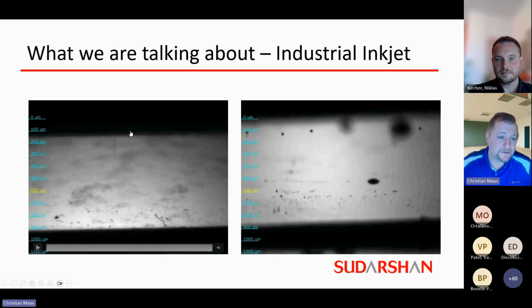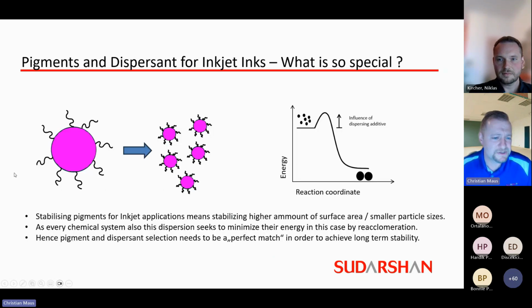Exactly. And some basic thoughts on the pigment stabilization and what might be so special about inkjet inks is displayed here in this slide. Other than in printing inks or in coating inks, in inkjet inks you really need to create very small particle sizes.